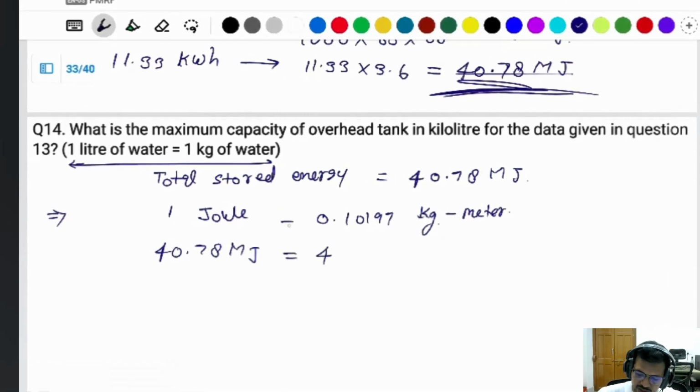1 joule is equal to this one. Then this is equal to 40.78 into 0.10197 kg meter.